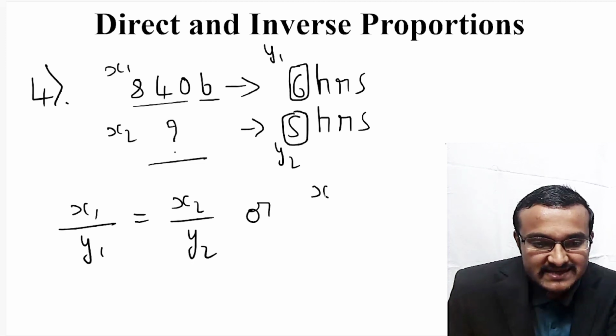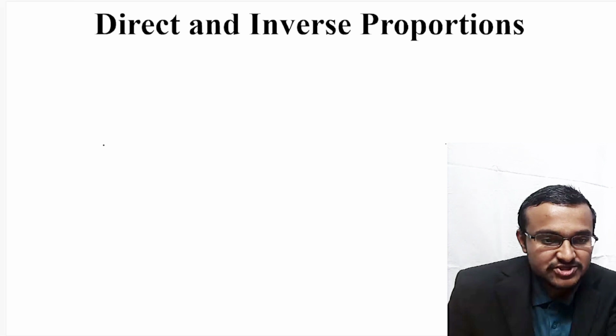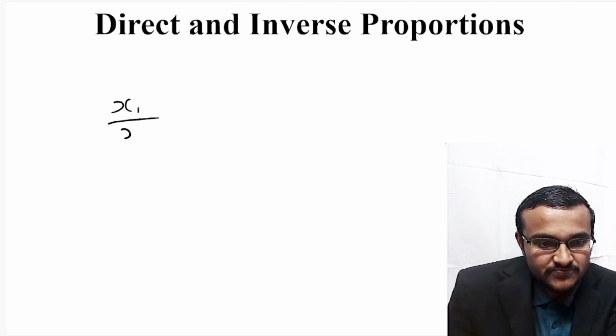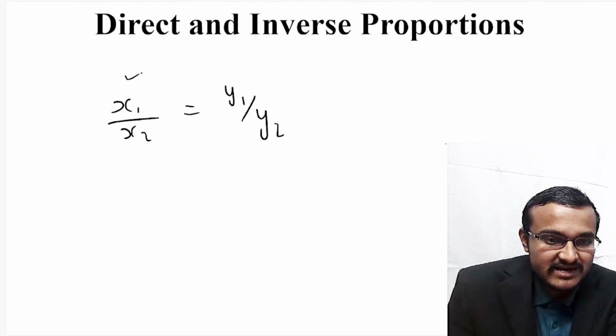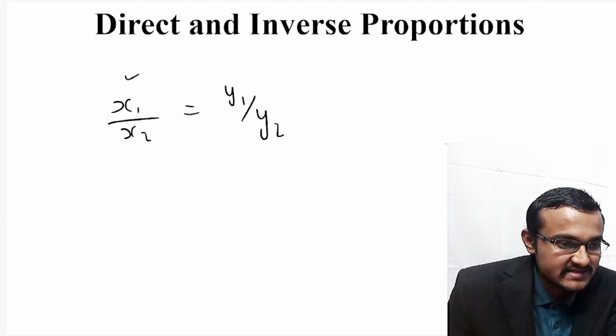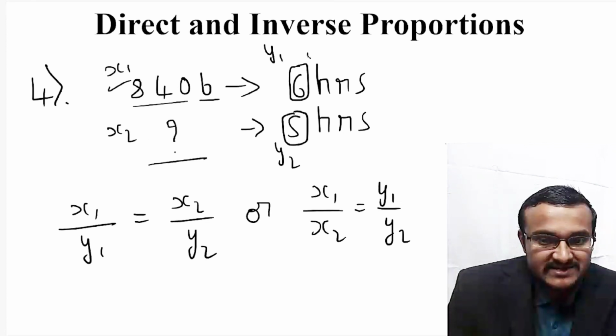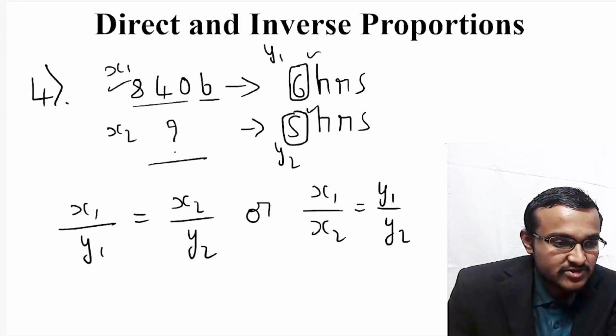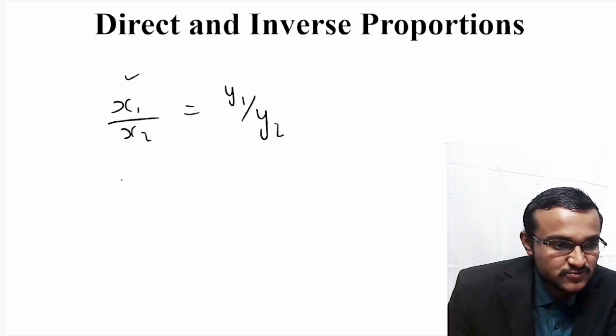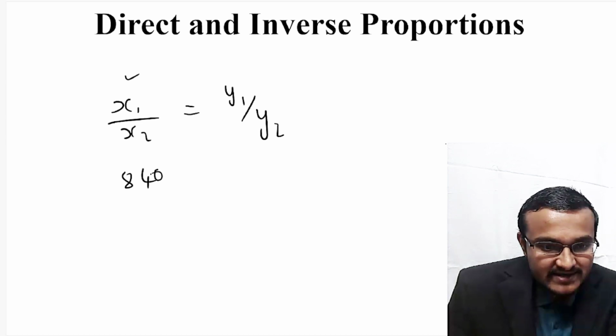Or we can write this as x1 by x2 is equal to y1 by y2. So x1 by x2 is equal to y1 by y2. So what is the value of x1? x1 is actually equal to 840 bottles. x2 we don't know. y1 is 6. y2 is 5. So we can substitute that. So x1 is actually 840 divided by x2, which we don't know.